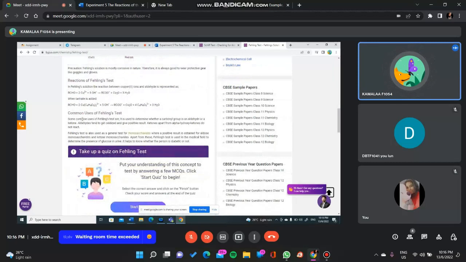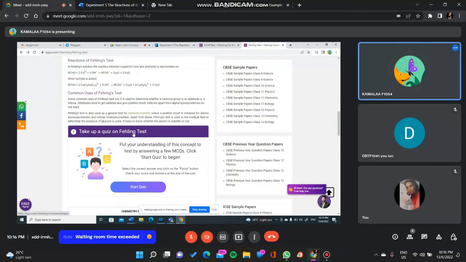Some common uses of Fehling's test: it is used to determine whether a carbonyl group is from an aldehyde or a ketone. Aldehydes tend to get oxidized and give positive results. Ketones, apart from alpha-hydroxyketones, do not react. Fehling's test is also used as a general test for monosaccharides, where a positive result is obtained for aldose monosaccharides and ketose monosaccharides.